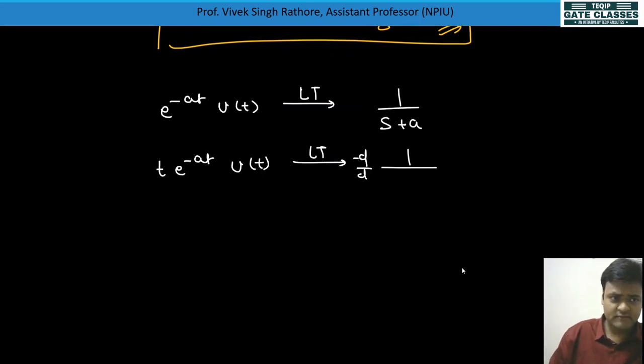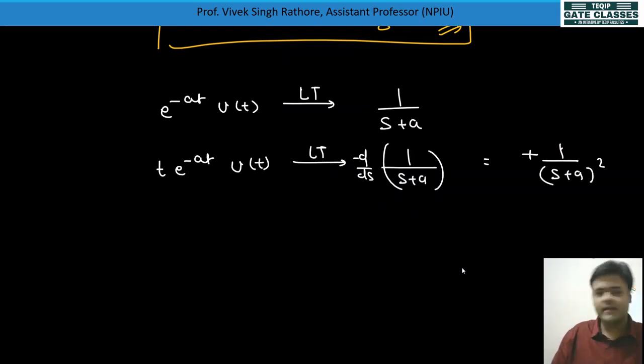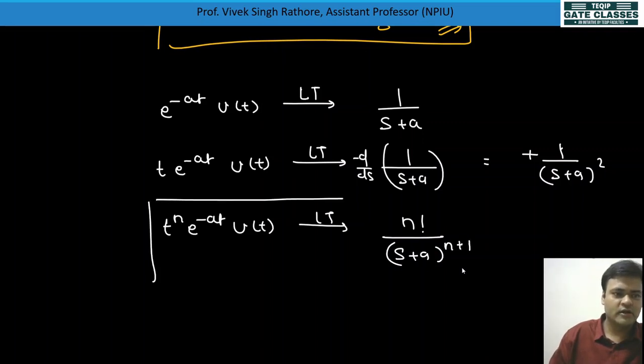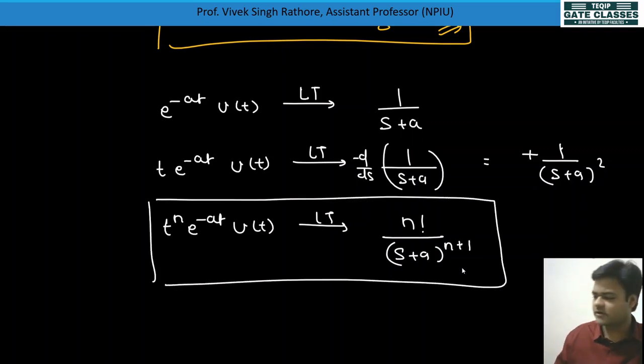Minus d by ds of 1 by s plus a will come, and this will lead to minus, minus, plus 1 by s plus a whole square. So if we go for t to the power n e to the power minus at u of t, what Laplace transform will we get? We'll get n factorial by s plus a to the power n plus 1. This expression is also worth importance, so you should understand it.